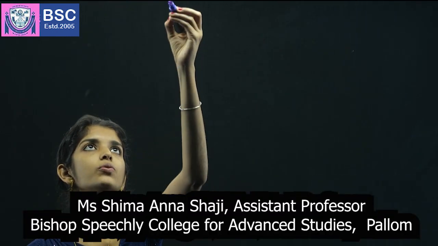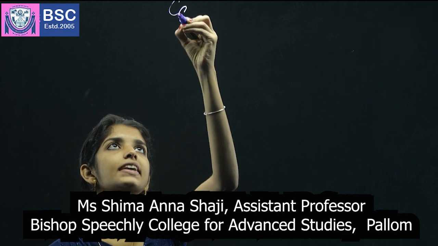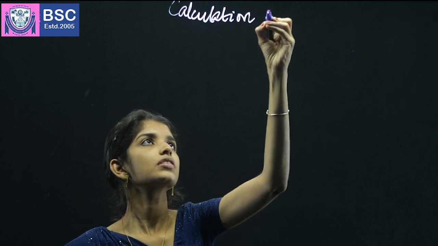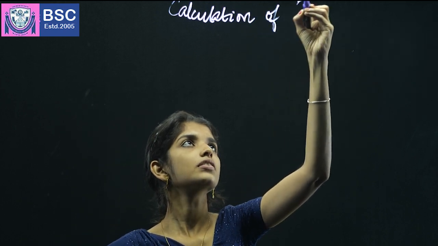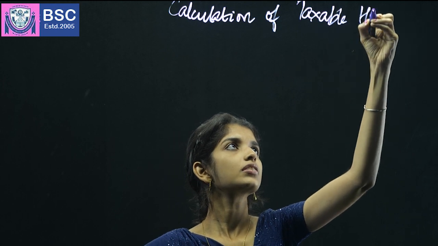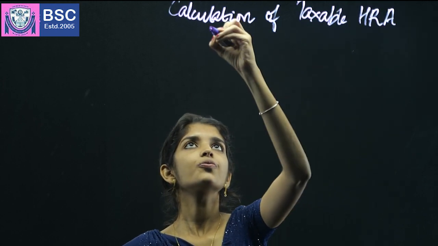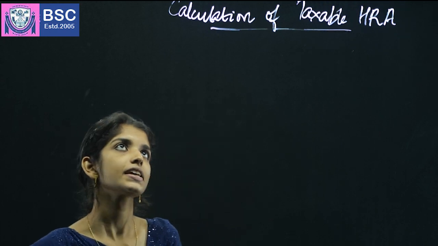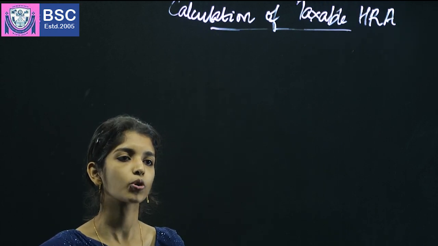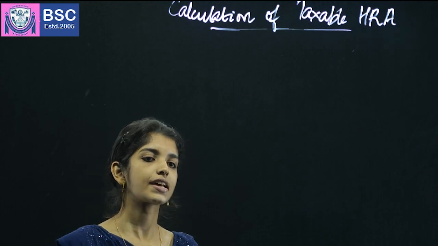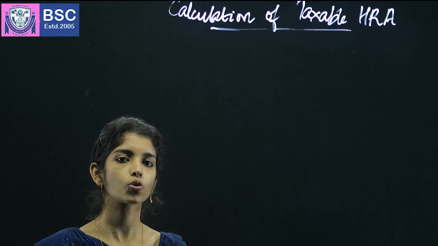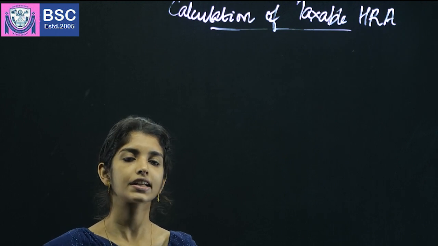Now let us solve it out. Calculation of taxable HRA. First you have to look whether it is a case of exemption. No, it is not received by judges of Supreme Court or High Court, and the employee is paying rent, so he is living in a rented house.